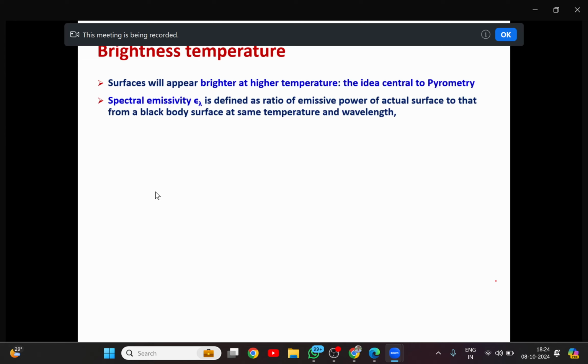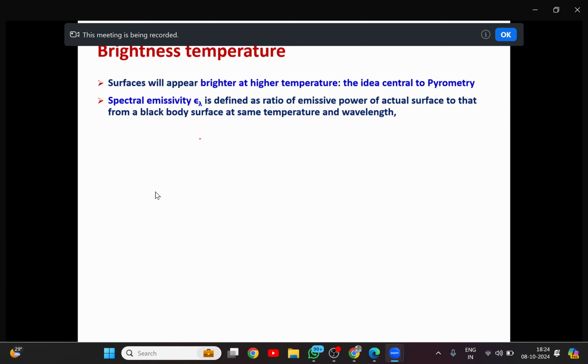Now, when you compare the radiation of a real object with that from a black body at the same temperature, of course, the radiation emitted by the real object is going to be lesser. How much lesser is represented by the spectral emissivity, epsilon lambda.